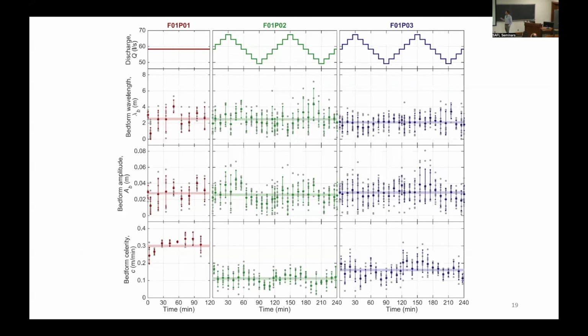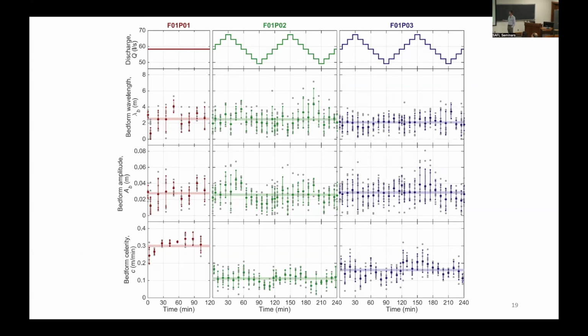If we look at what happens to the bed form wavelength, the amplitude, and the celerity, going from phase 1 to phase 2 to phase 3, a few things emerge. First of all, when we go from steady to unsteady flow, the biggest change is that the celerity drops way down, and the amplitude of those bed forms tends to track with the discharge.